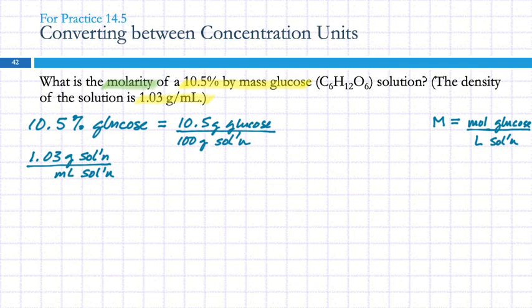So this one can be a bit confusing for students. So we're trying to find the concentration in molarity. We're given the concentration in percent mass. So we're trying to convert this into that.